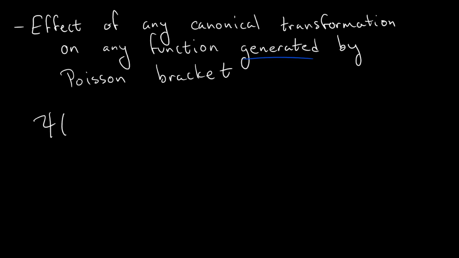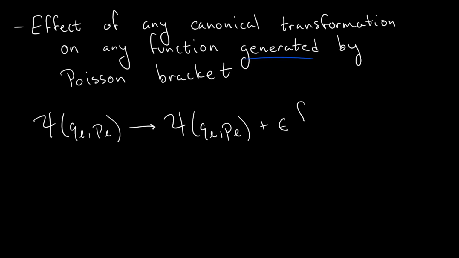So psi of q sub l, p sub l transforms by the rule psi plus epsilon times the Poisson bracket of psi and f, plus order epsilon squared terms.